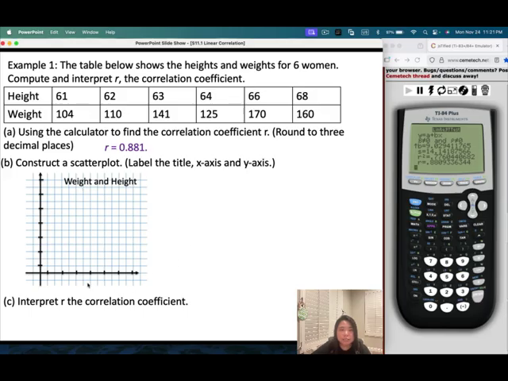The x-axis will represent the height here. The y-axis will represent the weight. So now we try to label it. We have from 61 until 70. And then on the y-axis, it will be from 80 to 180.